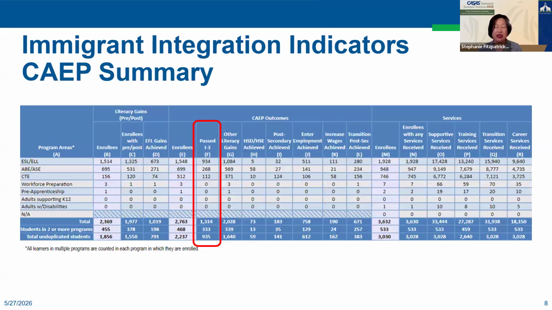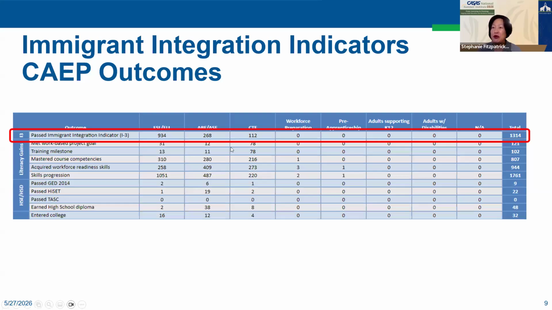All right, this one, the immigrant integration indicators, is a CAPE summary. If you notice in the red circle here, this is the number that you can see in TE, the ones that pass the immigrant integration indicators, the I3s, in your report. And here's another screenshot of a report.